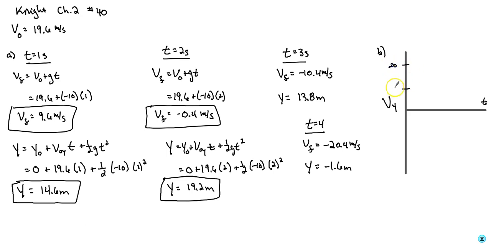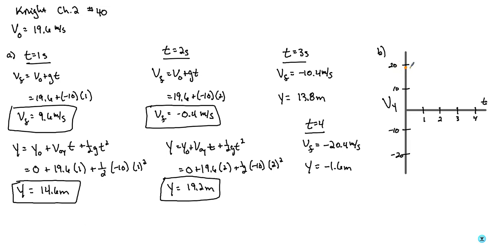So that's 20, and this is 10, and then this is negative 10 and negative 20, and we're looking at a 4-second time period. So let's give ourselves four dash marks: 1, 2, 3, 4.